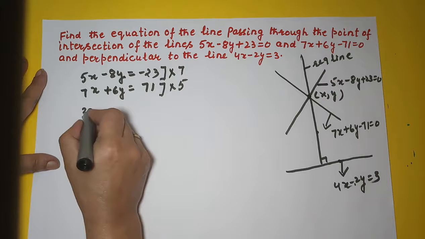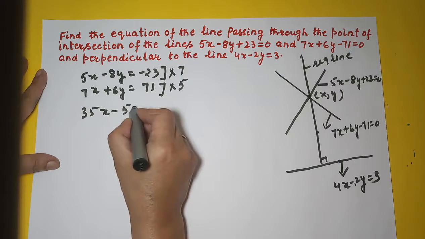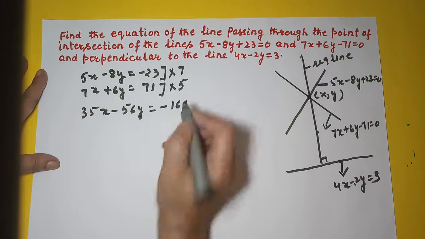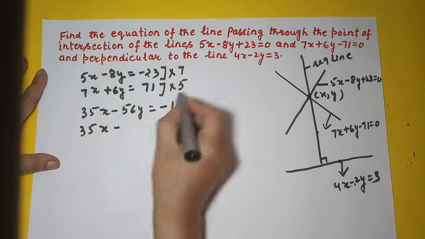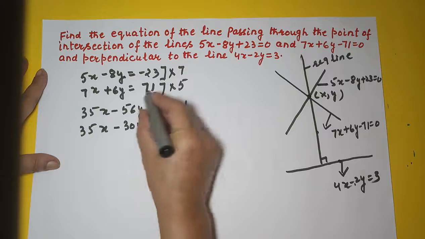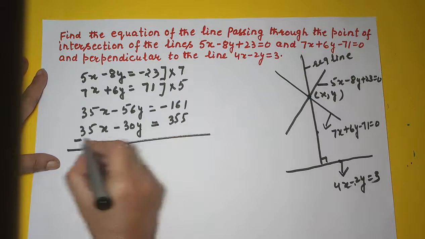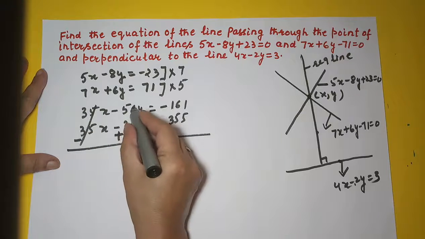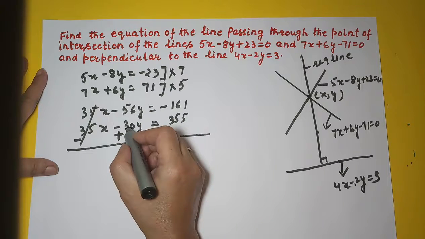So I will get 35x minus 56y equal to minus 161. And if I multiply the second, this will be 35x plus 30y equal to 355, right? Now if I subtract these two, this will go and I'm left with 56 and 30.